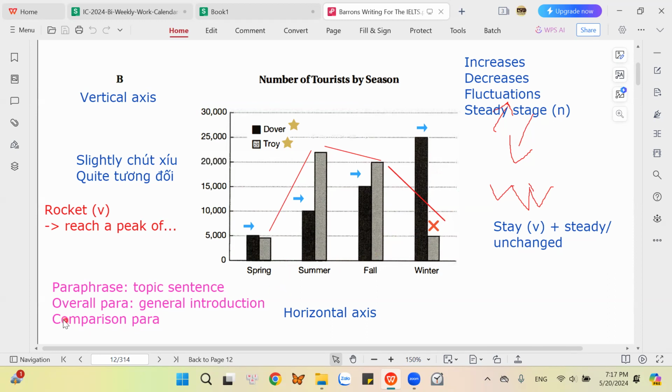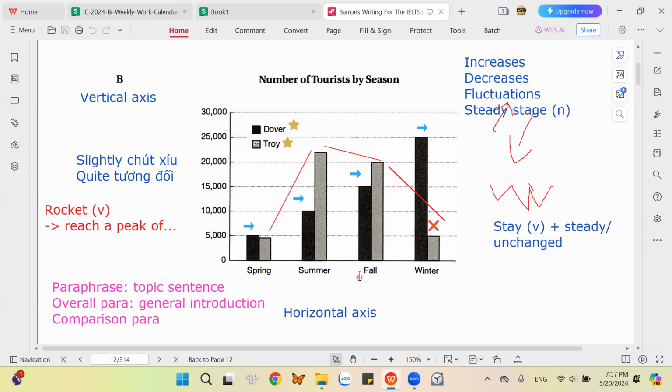Here I'm going to give you my example for the comparison paragraph. First of all, the number of tourists who come to visit places are a lot in summer and fall.